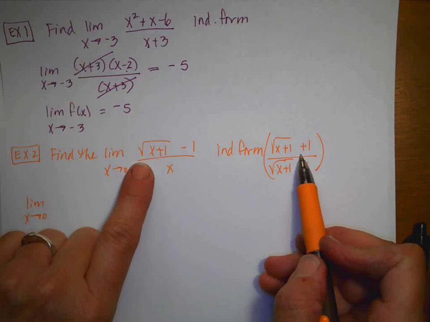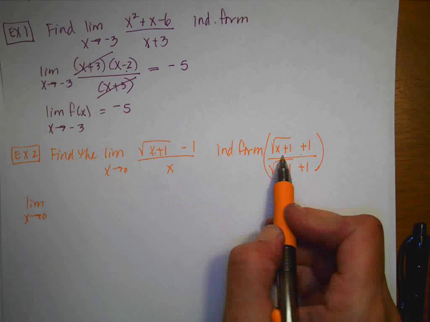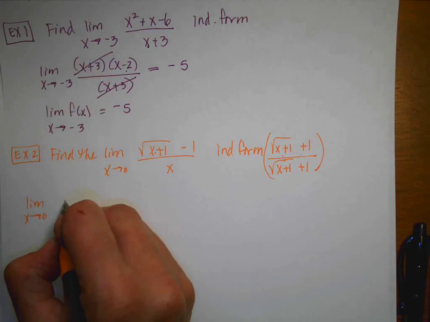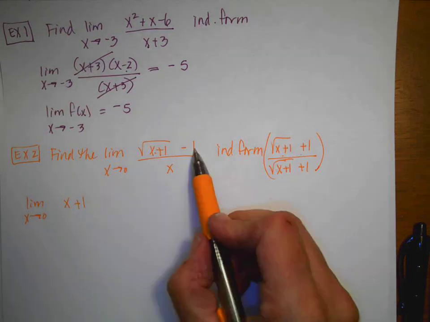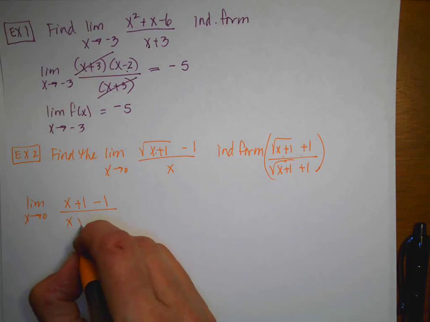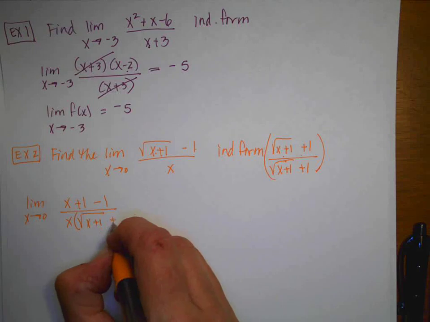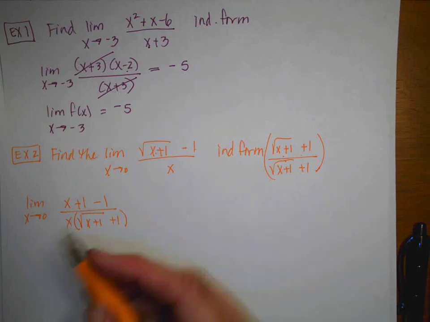Remember, this creates a difference of 2 squares, so I'm going to get x plus 1 times x plus 1 is x plus 1, and a negative 1 and a positive 1 is a negative 1 over x times, I need my parentheses, x plus 1 and then plus 1, okay?